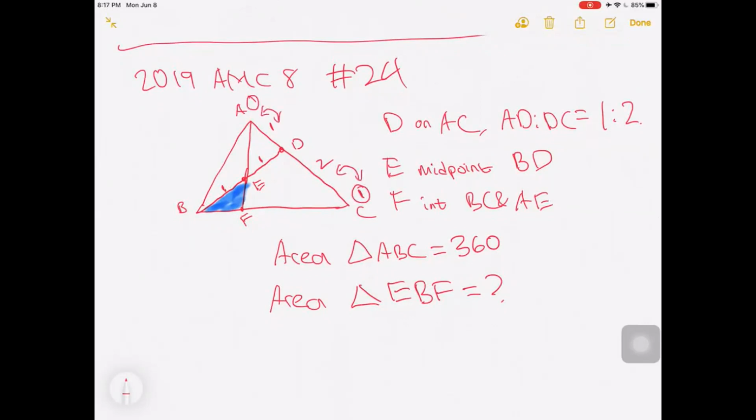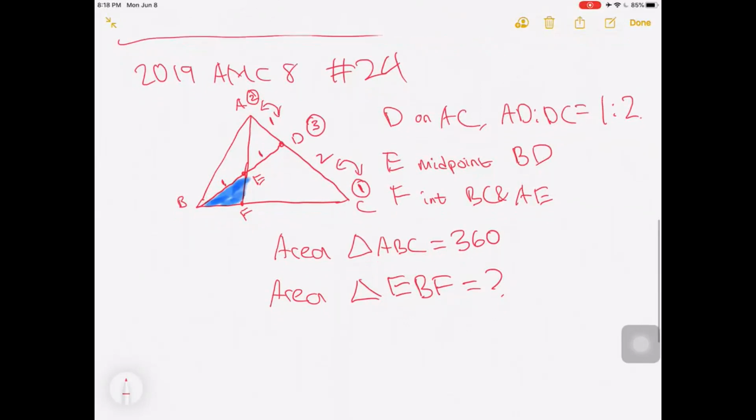So we can assign a mass of 2 on the vertex A. So we know the mass on the vertex D is going to be the sum of A and C. So this mass is going to be a 3. And then since this is a 1-to-1 ratio, we know that B also has a mass of 3. And therefore, E has a mass of 6, because it's the sum of B and D.